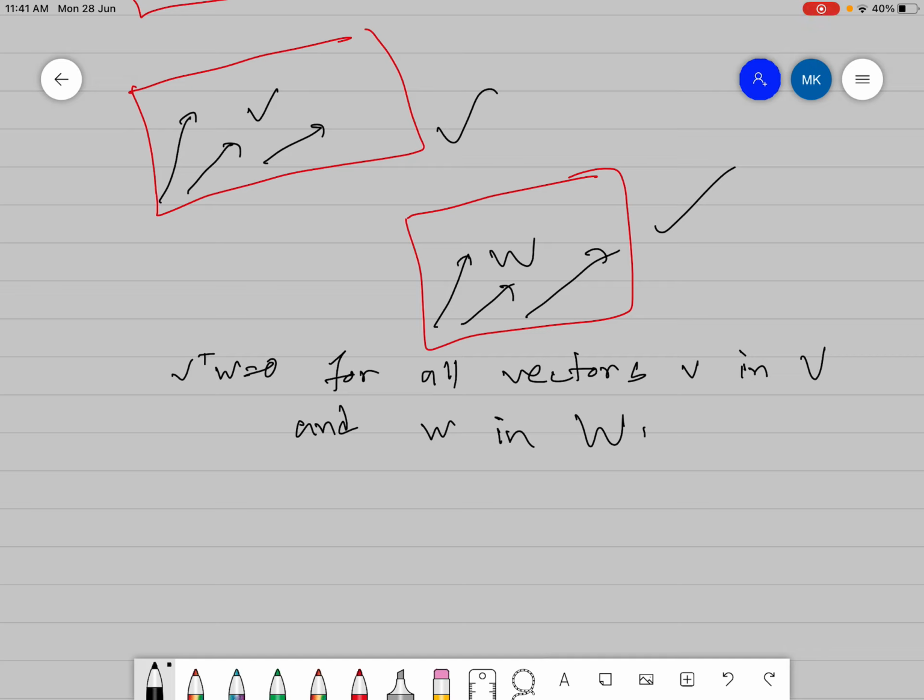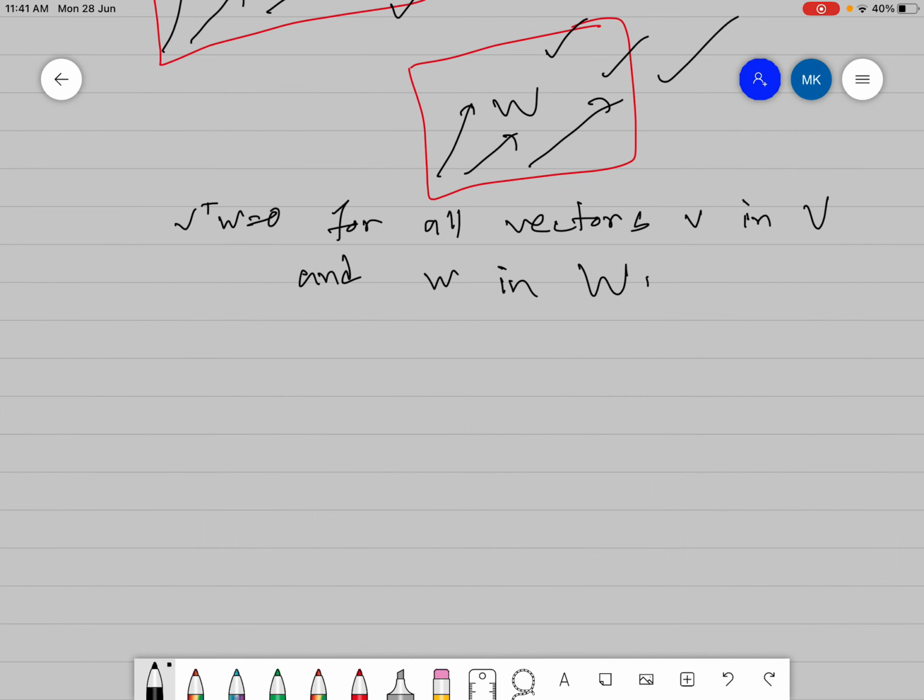Two vector subspaces V and W would be orthogonal if every vector in each subspace is orthogonal or perpendicular to each other.